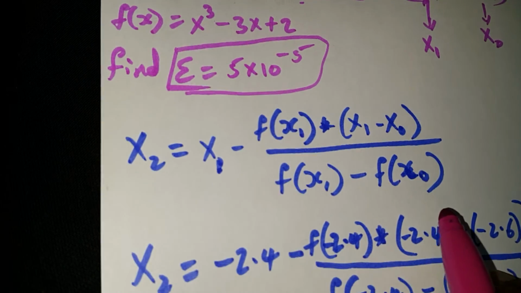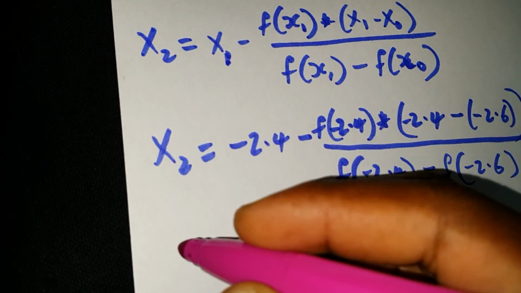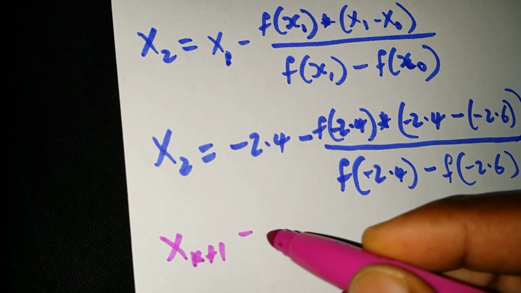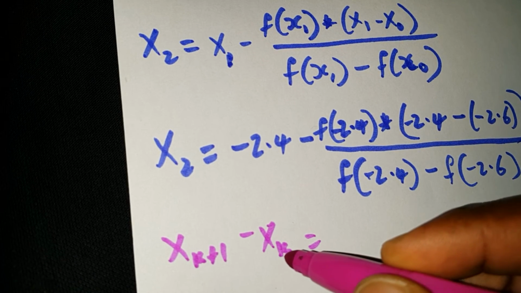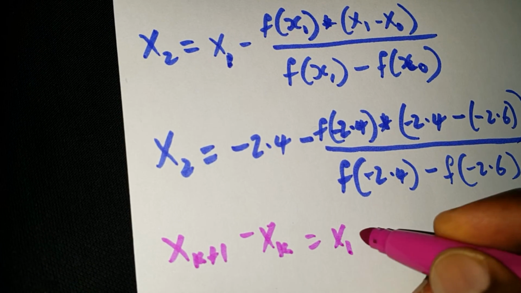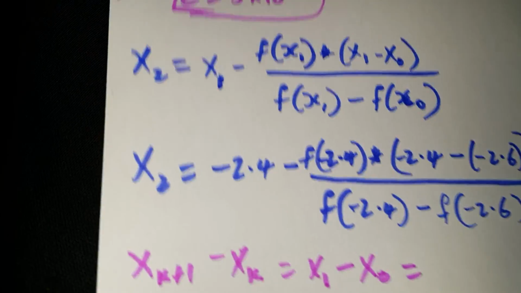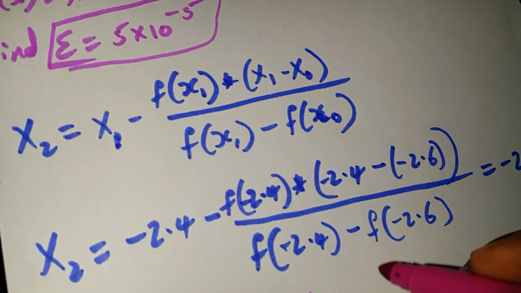Let's try to put it here. Our first error is x(k+1) minus xk, which when k is 0 is x1 minus x0. What is our x1? Minus 2.4.